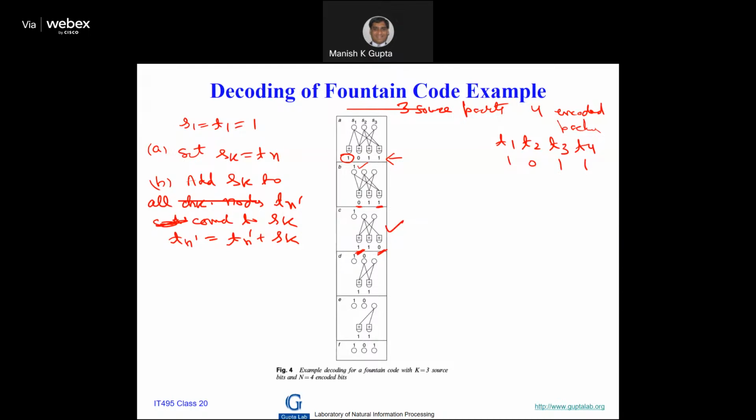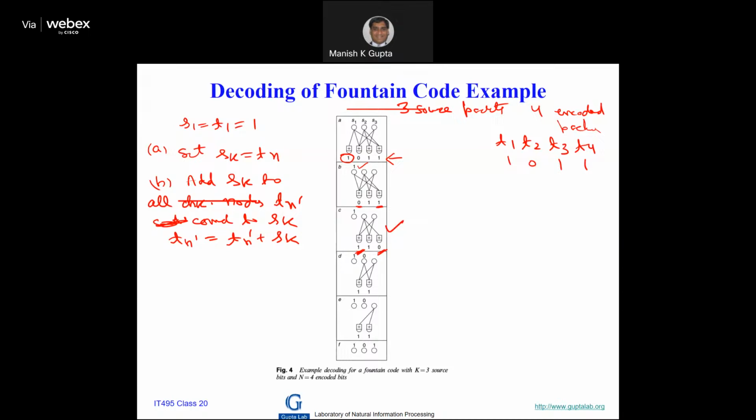So 0 is copied here, and then you add this to the other portion. So 0 is added, there is no change, obviously. 0 is added wherever S2 is connected. S2 is connected to T2 and T4, so 1 will be added here. There is no change in this scenario. It's 1, 1, right?